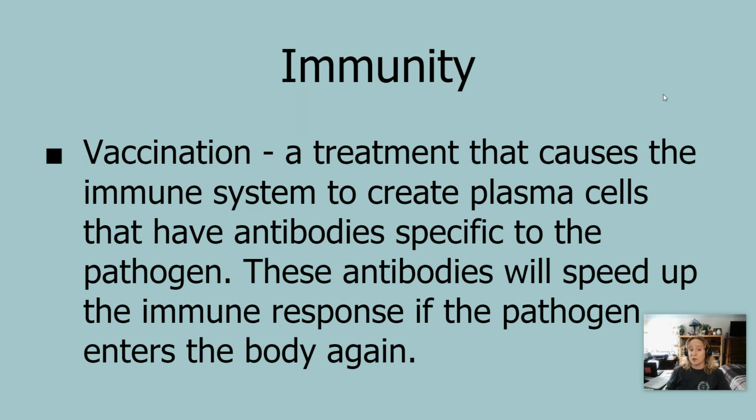With the immune system, we also talk about immunity. So vaccination is the treatment that causes the immune system to create plasma cells that have antibodies specific to the pathogen. These antibodies will speed up the immune response if the pathogen enters the body again.